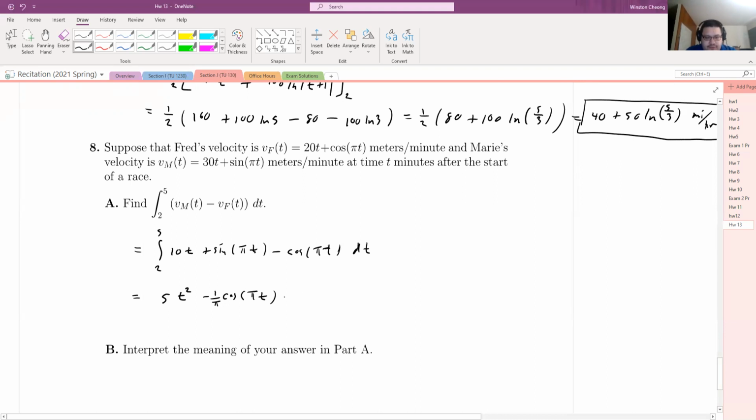And same thing for the cosine. So the integral of the cosine is going to be sine, and give myself space, so you would guess this, and you'd adjust because the chain rule is going to pop pi out again. So there we go. That's the antiderivative. And now we just need to evaluate this.